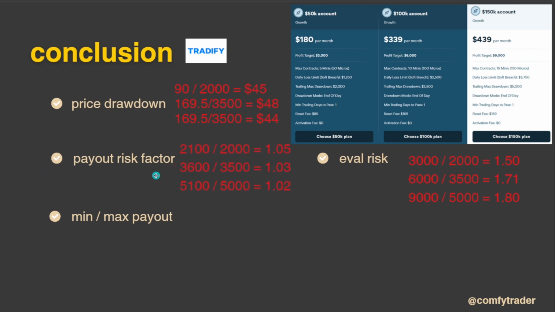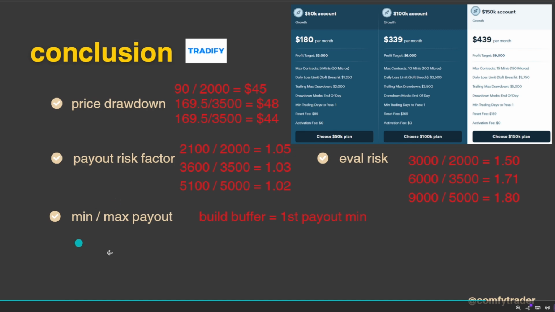For the payout, again, you can do the same calculation. How much money do I need to make to be able to get paid my first payout? Here it's really, really narrow, nearly no distinction between the 3 accounts. And then you need to think about the minimum and the maximum payout.